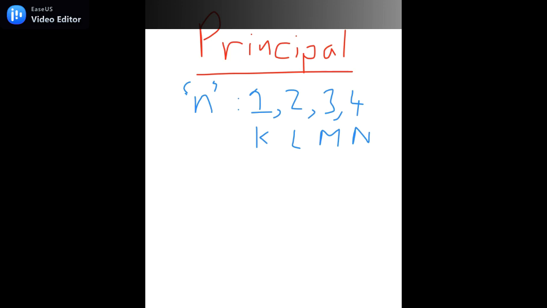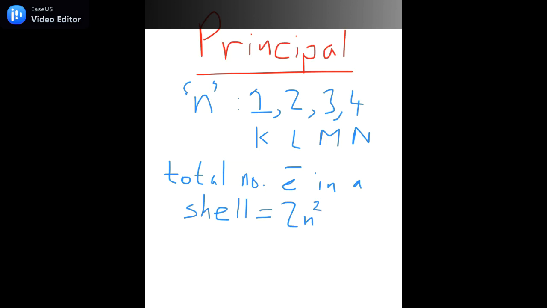Now we have 2 formulas over here. The first formula gives us the total number of electrons in a shell. The formula for this is 2n squared. The second one is the total number of orbitals in a shell.